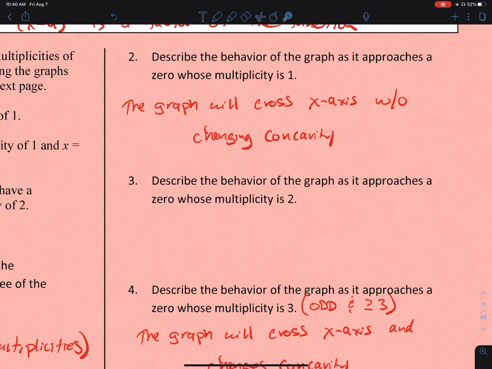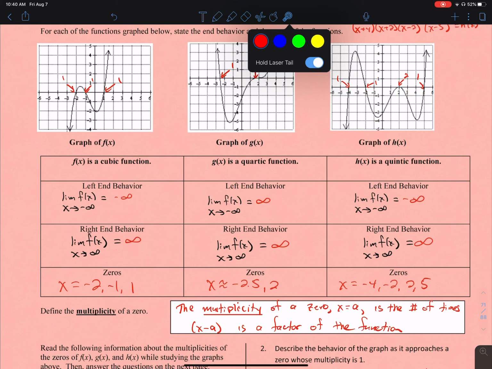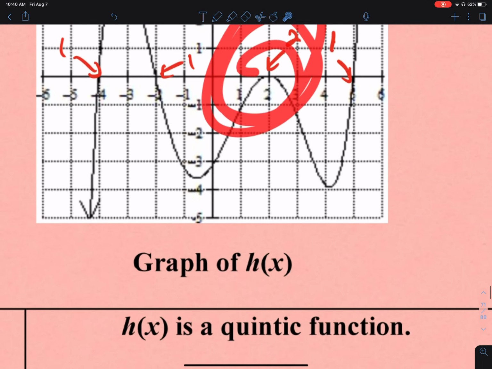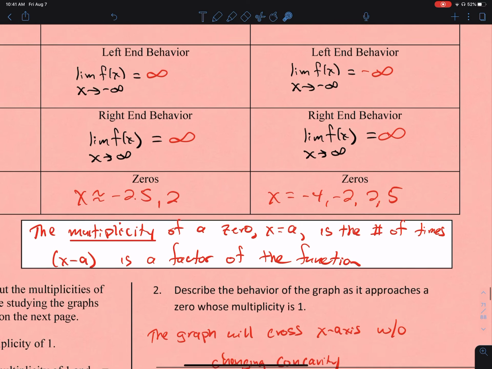Describe the behavior of the graph as it approaches a zero whose multiplicity is 2. Now it's not restricted to 2, it's really any even multiplicity. If it's an even multiplicity, the graph is tangent to the x-axis. It touches it and goes back the direction in which it came.